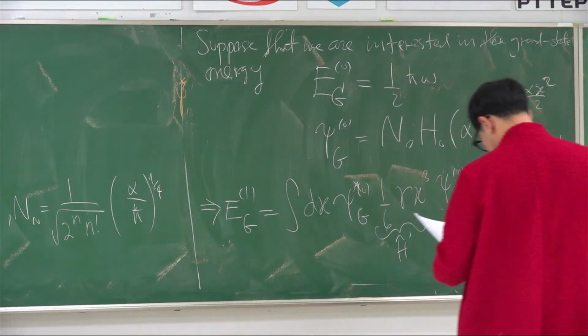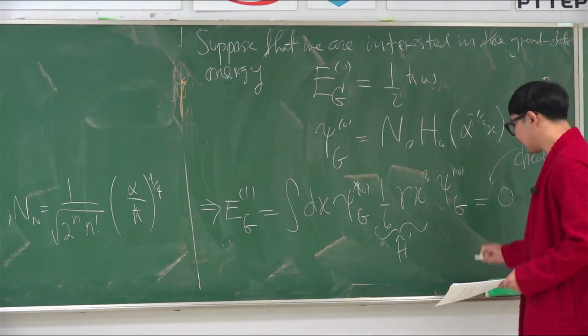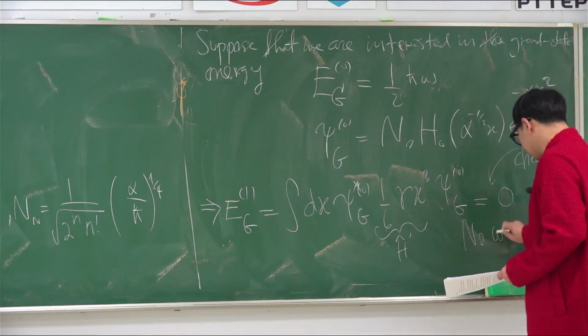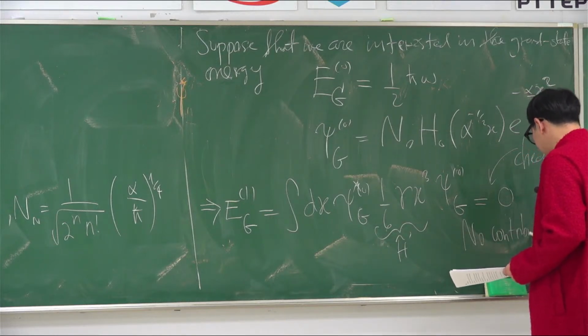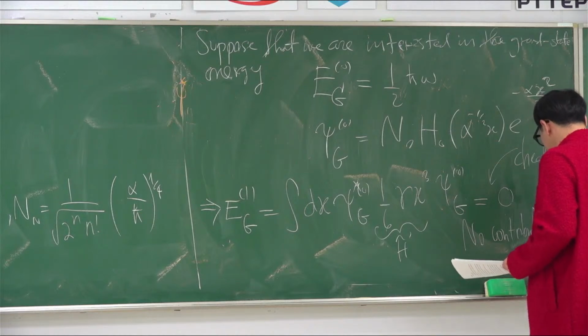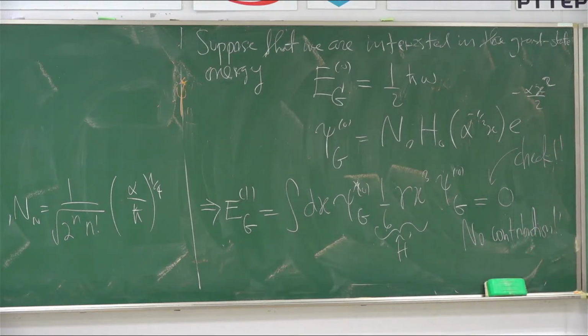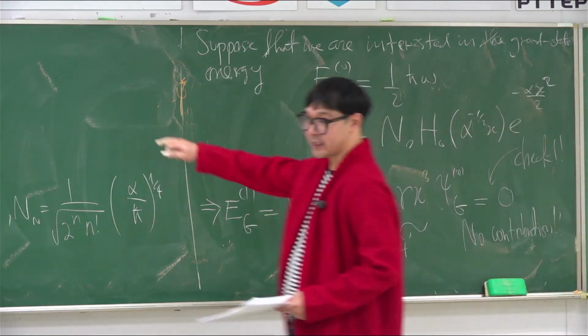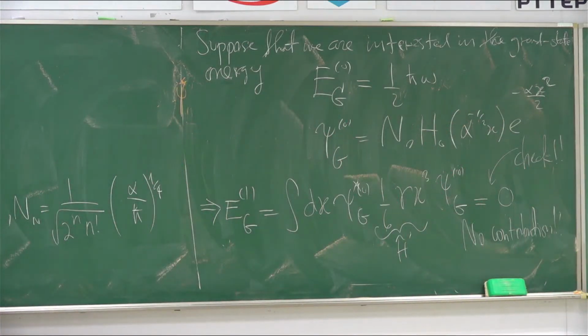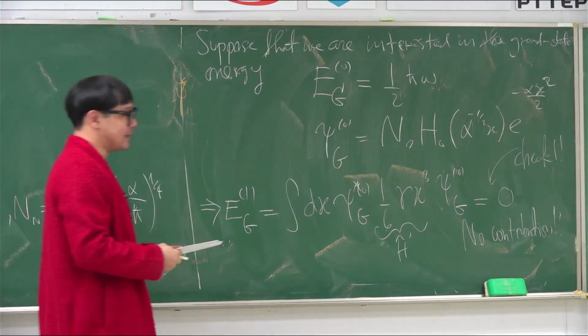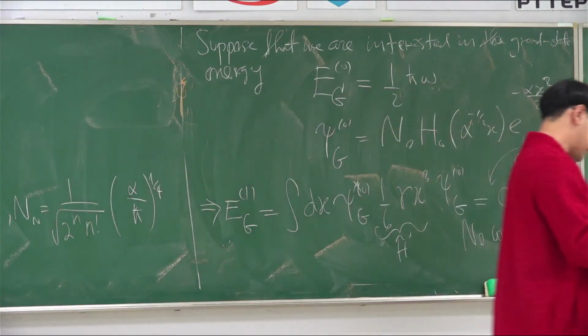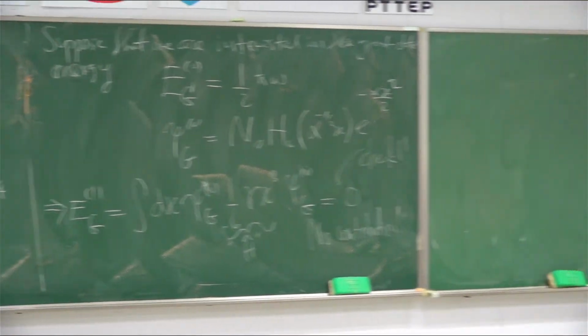Okay? What does it mean? No contribution to the ground state from this cubic term in the Hamiltonian. So your ground state is going to be exactly the same for the first perturbation.